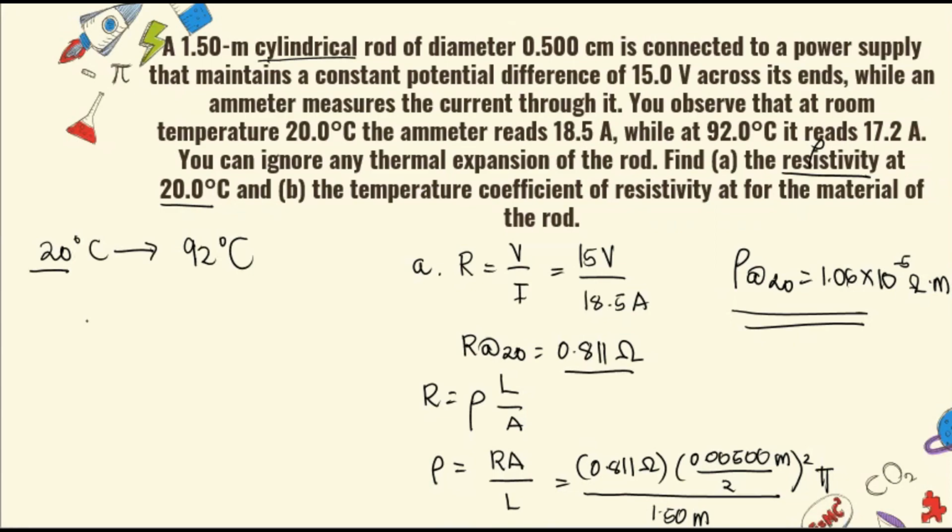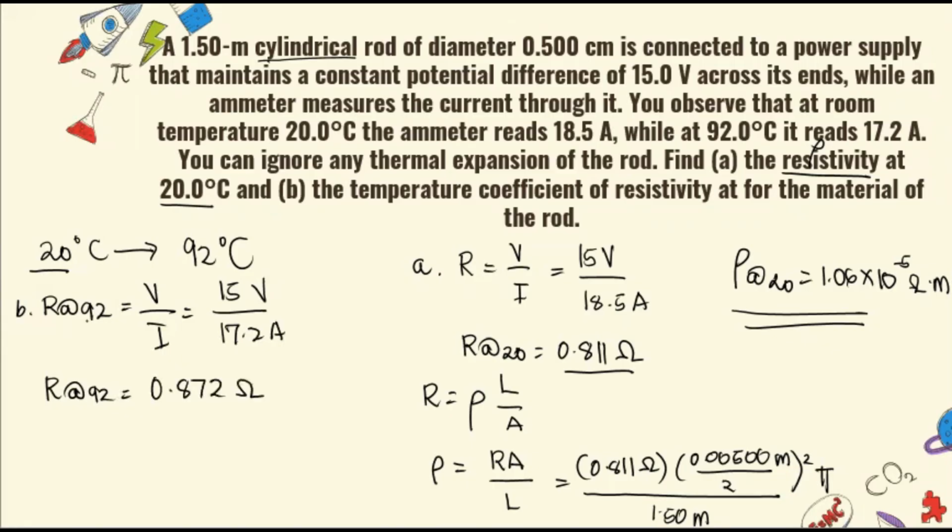So how about at 92 degrees? R at 92 is equal to V over I. So 15, nagbago yung current niya, naging 7.2 amperes. So resistance at 92 degrees is equal to 0.872 ohms. Ito yung RF.